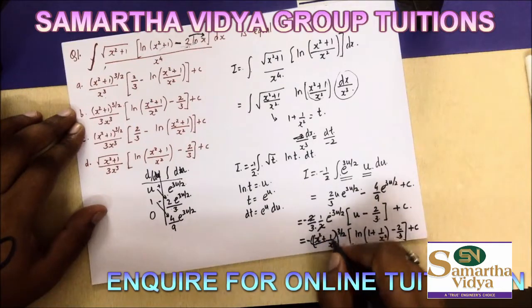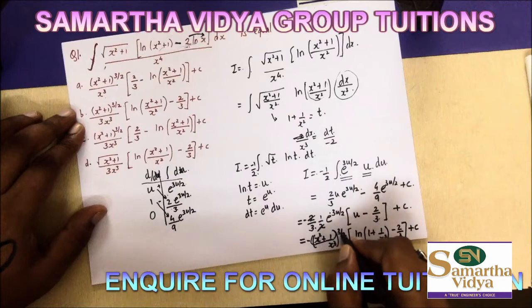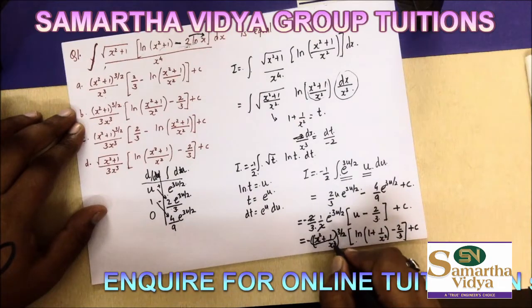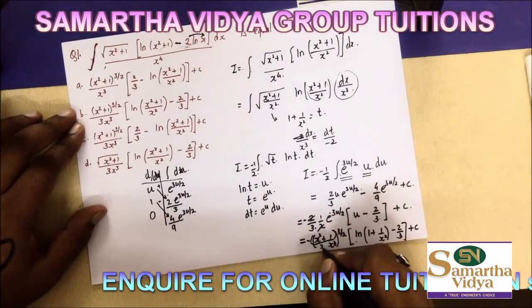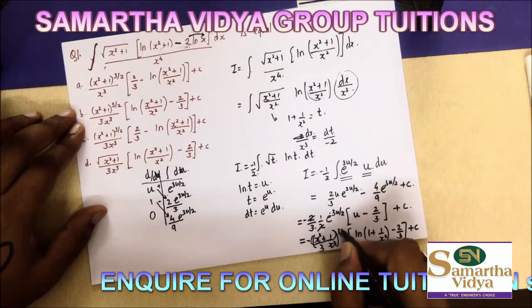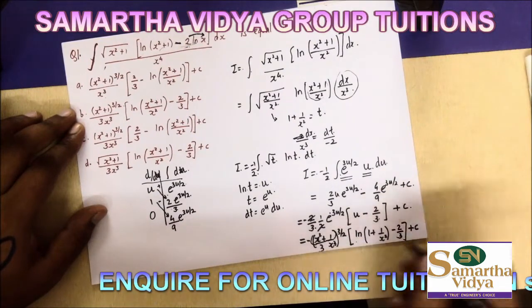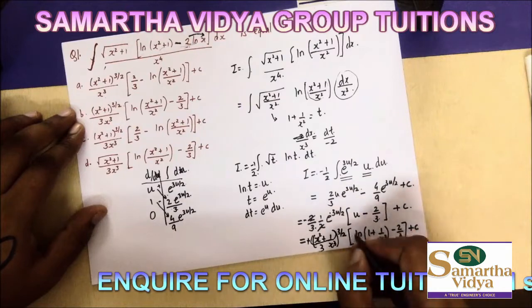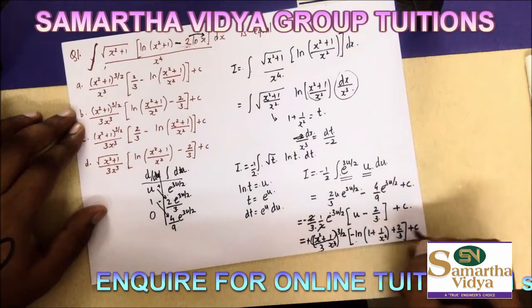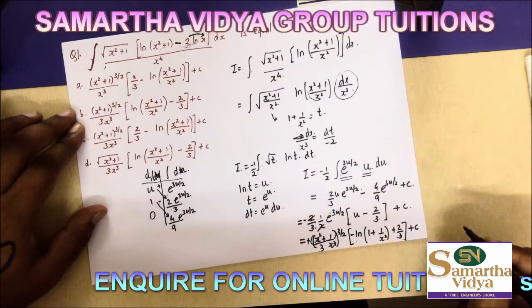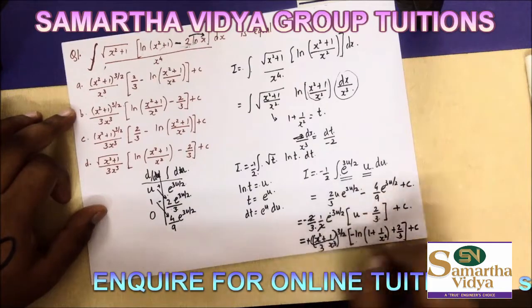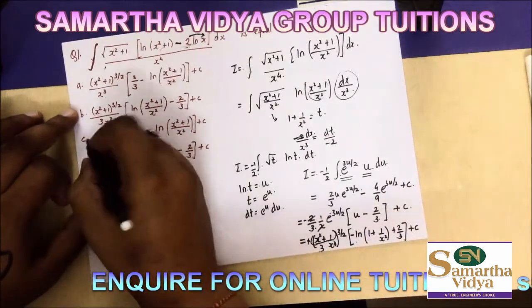So we basically have x square plus 1 raised to 3 by 2, and this is x cube, and we have this 3 also present, so it's x square plus 1 raised to 3 by 2, 3x cube, and let's take the minus sign inside, so this becomes minus ln, and this is plus 2 by 3. So if you just compare the answer, it's nothing but your option C.